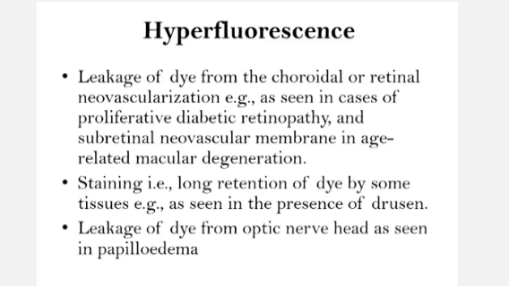Leakage of dye from choroidal or retinal neovascularization, as seen in proliferative diabetic retinopathy and subretinal neovascular membrane in age-related macular degeneration. Staining, long retention of dye by some tissue, as seen in the presence of drusen, and leakage of dye from the optic nerve head as seen in papilloedema.